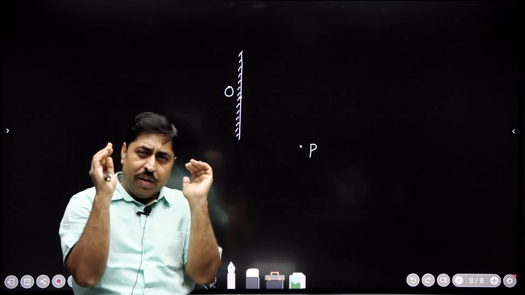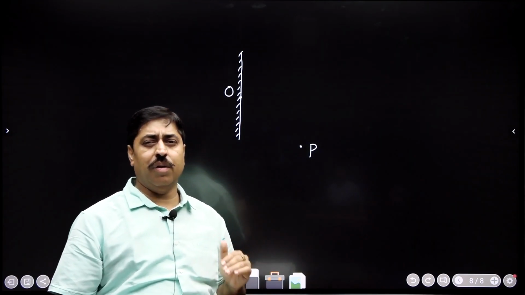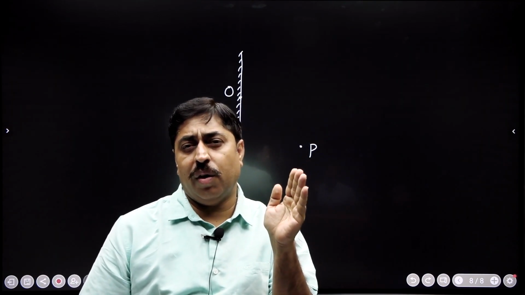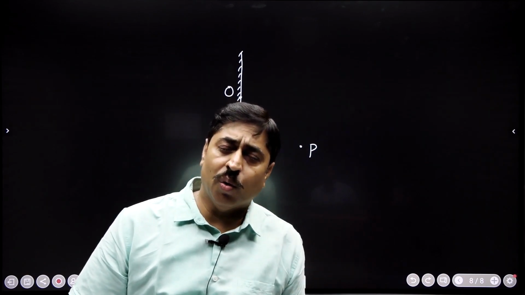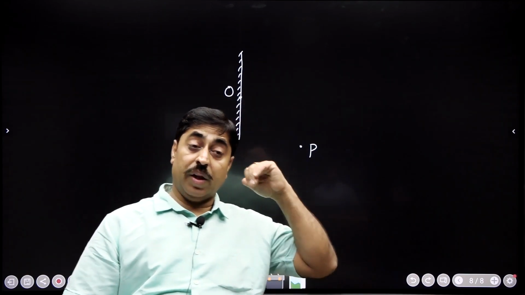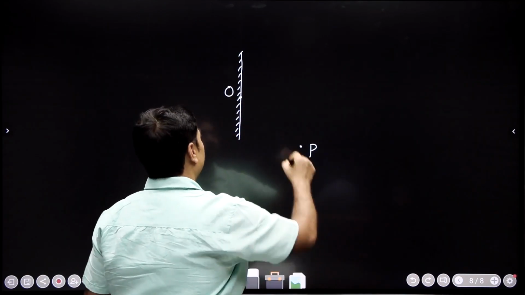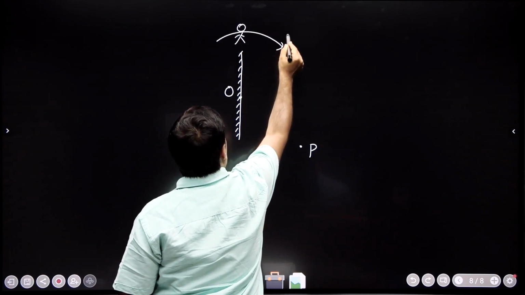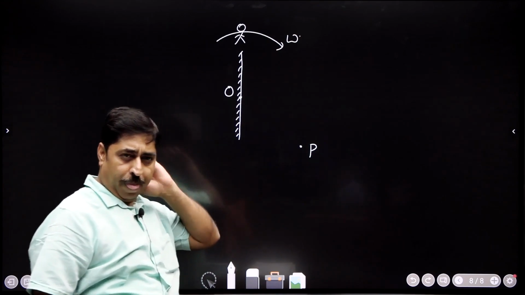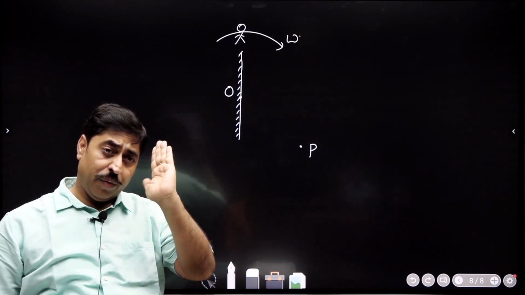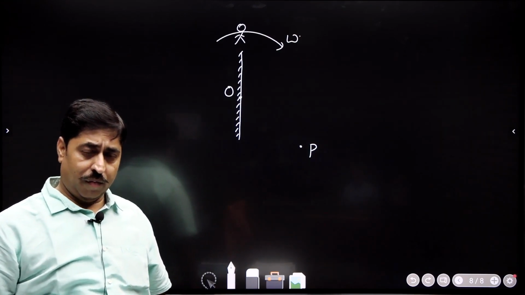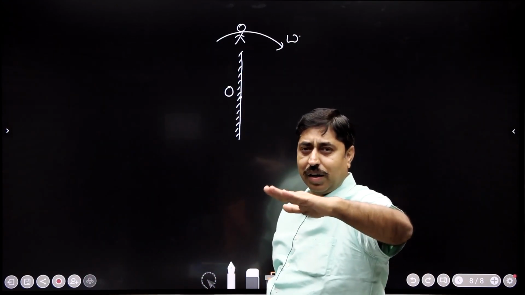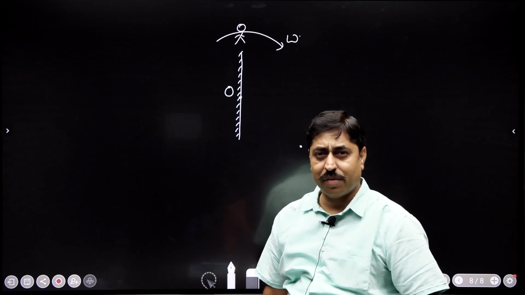Now let us think of an observer who is in a reference frame that is rotating with the mirror. Think about an observer who is rotating with the mirror with an angular speed omega. Think from the point of view of that observer. Now from the point of view of that observer, the mirror is at rest.